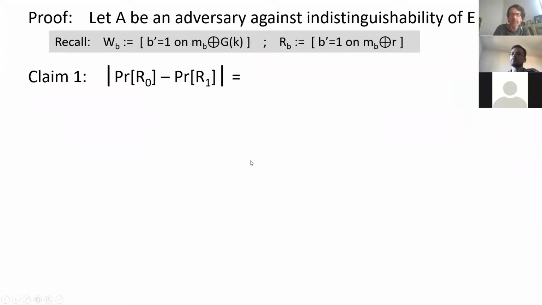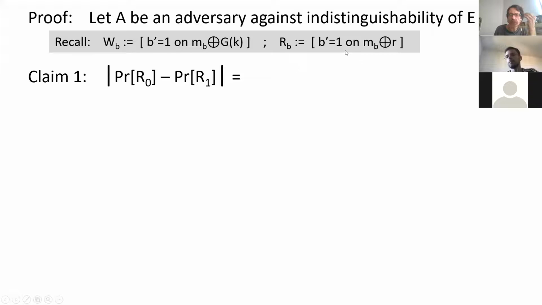Okay, so here is a recap of these two. WB is the event that the adversary outputs a flag on a real encryption of MB. And RB is the event that he outputs the same flag on a one-time pad encryption of the same MB. So, claim: the difference between the probability of R0 and R1, who can say?